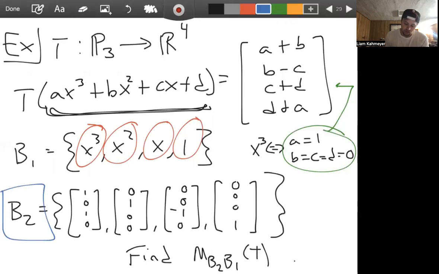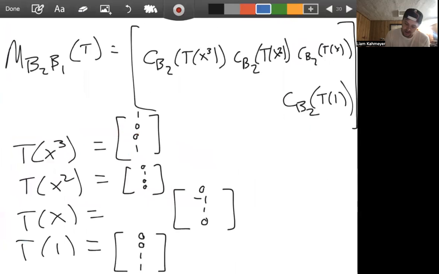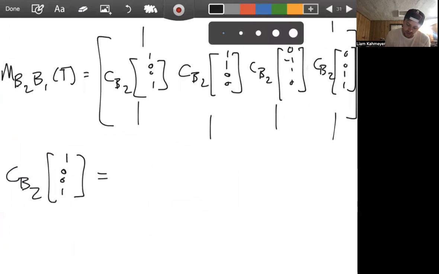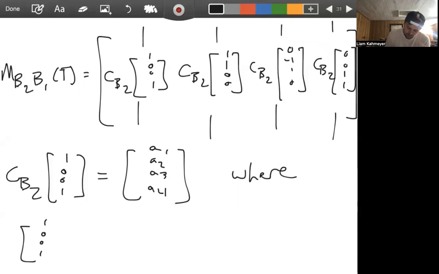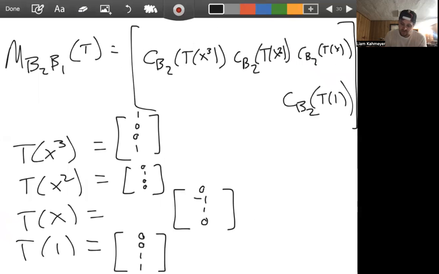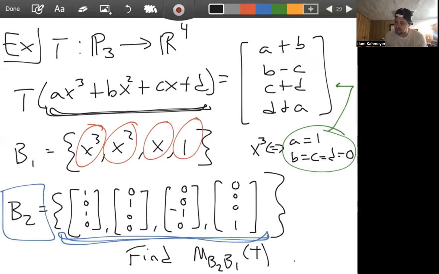So let's take these elements here. This is going to be equal to A1, A2, A3, A4, where (1, 0, 0, 1) is equal to A1 times the basis vectors of B2. So I'll just write them down here.